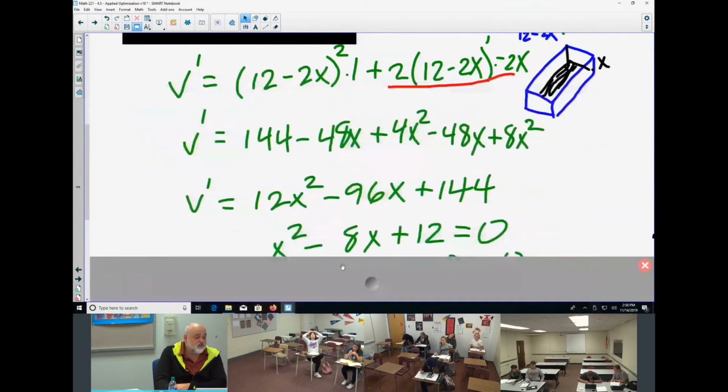All right, so Jordan, when you solve this for x, what do you get? So x is equal to 2 and 6. Okay, now one of those answers you're going to throw away. Which one and why?